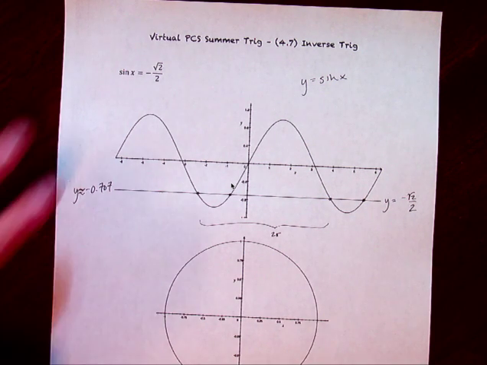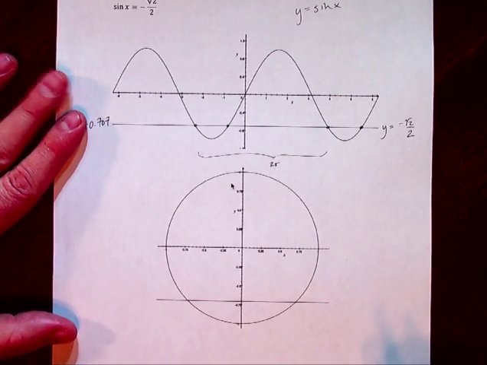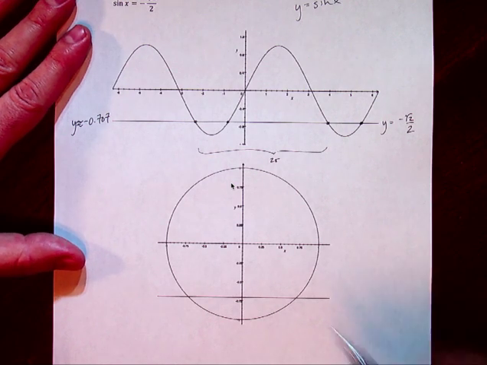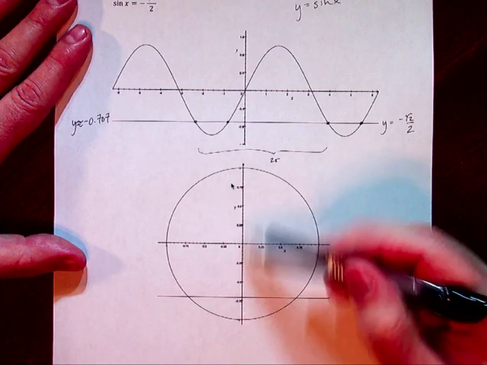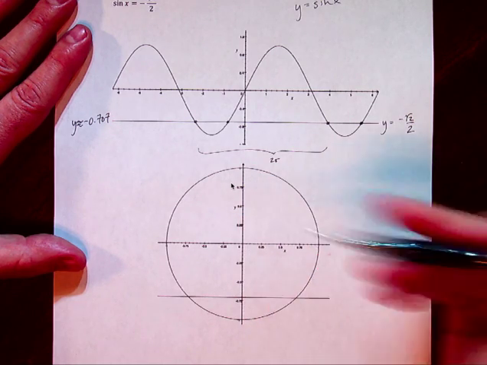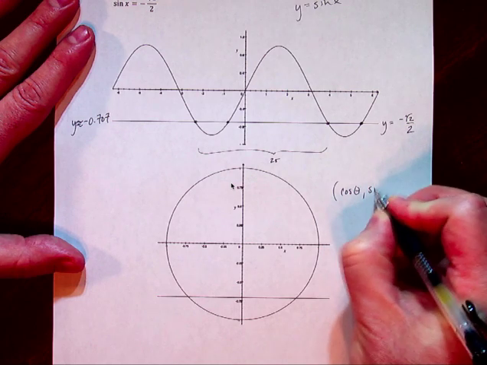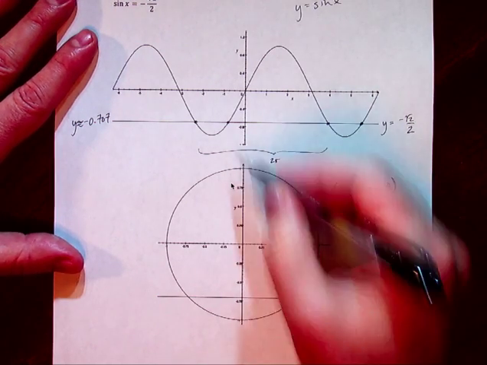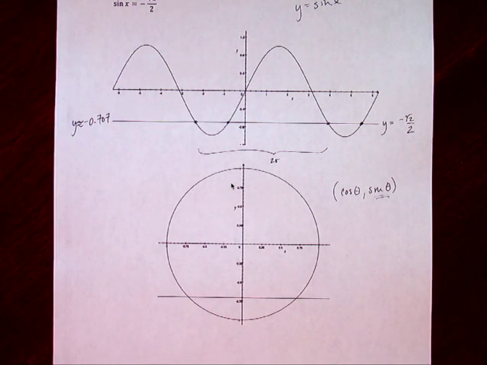We can see the same sort of thing on the unit circle, because when we're asked where a sine ratio is a particular value, you're thinking of up and down along the vertical axis, the y-axis, because remember, in our ordered pairs, they are cosine theta, sine theta. Sine theta is represented by our vertical displacement, because that's what it means to be in the y-coordinate.